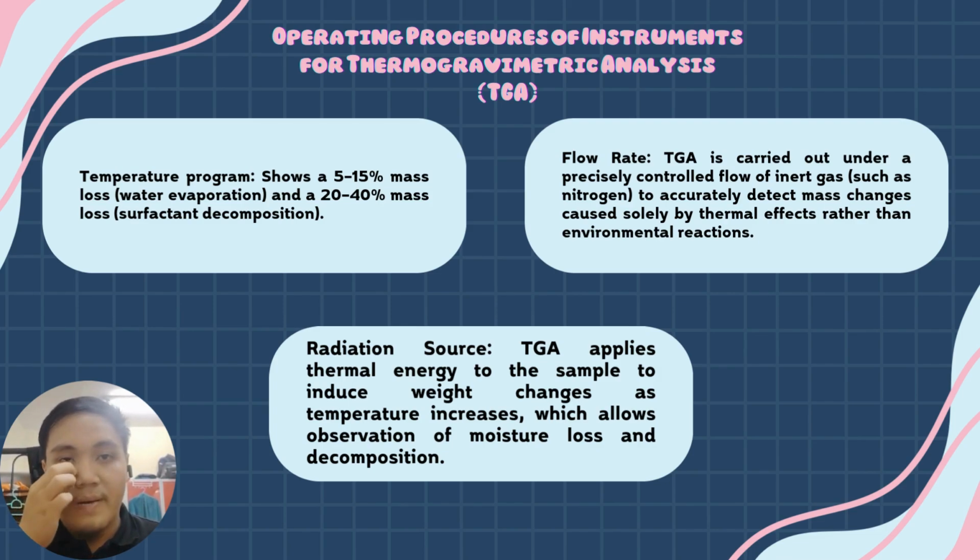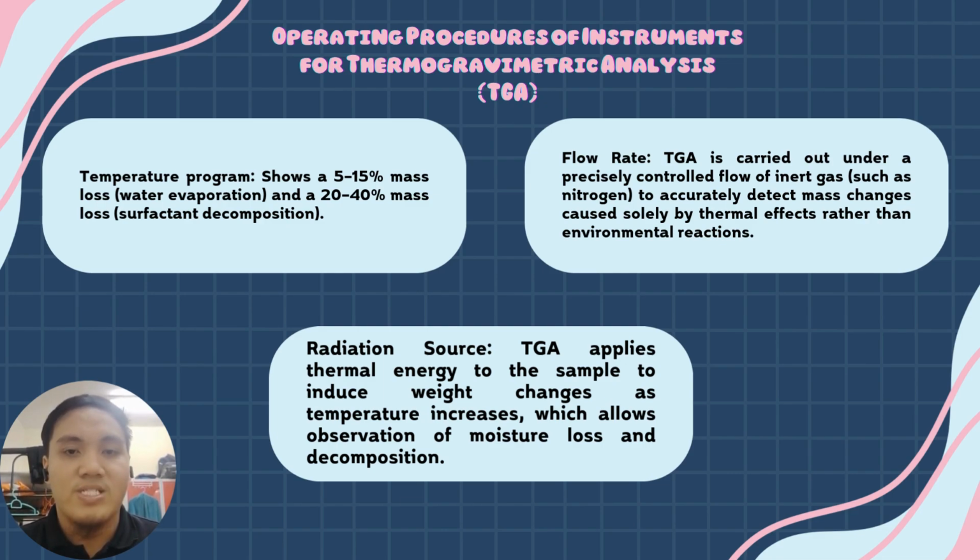The flow rate uses a precisely controlled flow of inert gas, like nitrogen. This ensures that any mass change detected occurs solely by thermal effect, not environmental reactions. The radiation source applies thermal energy to induce change as the temperature increases, allowing us to observe moisture loss and decomposition.